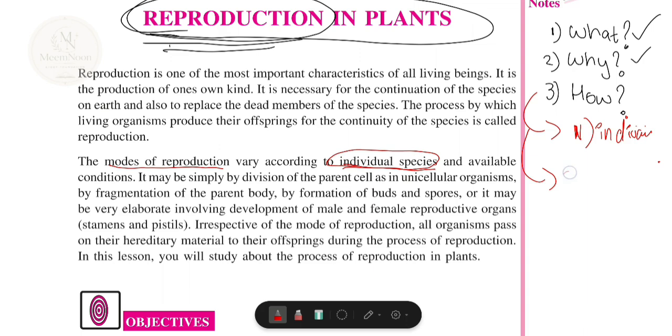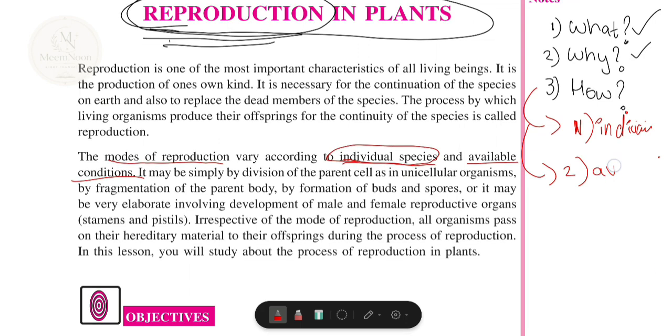The second way is available conditions. What does that mean? Some species reproduce asexually during certain times, and some reproduce sexually during other available conditions. It depends on the environment.